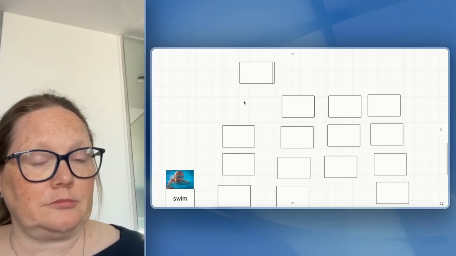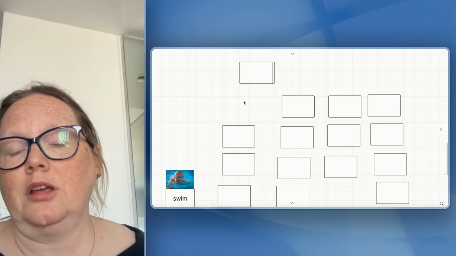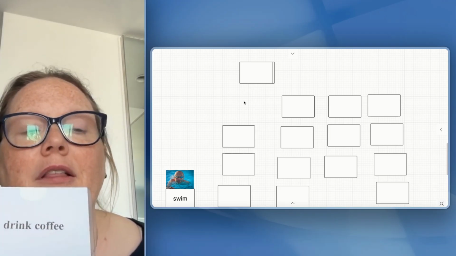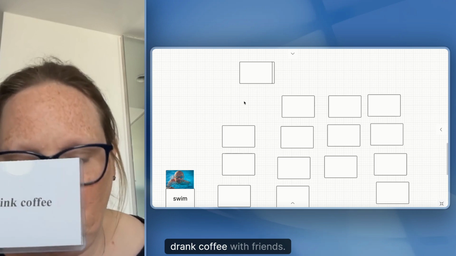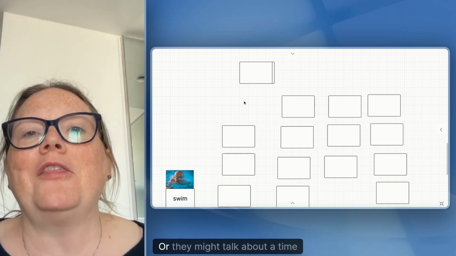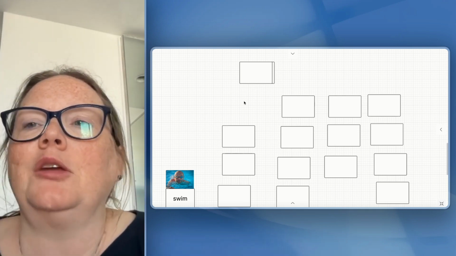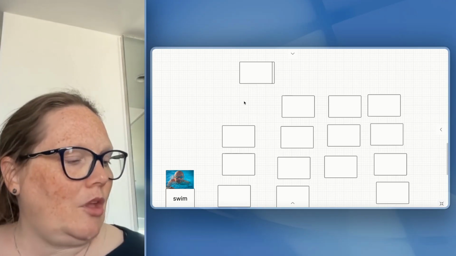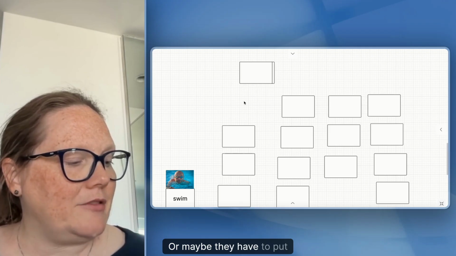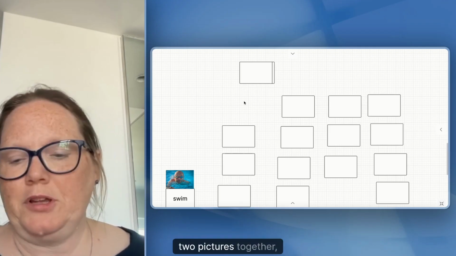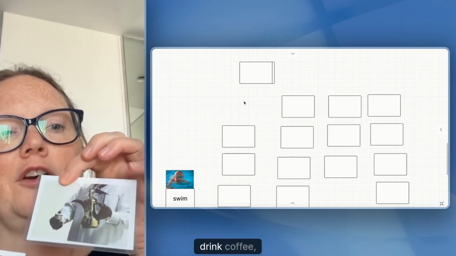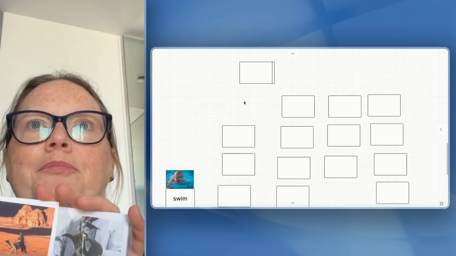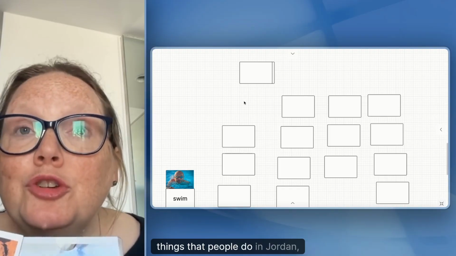Now, these cards, of course, can be used for different things. So I might have students just draw one and talk about a time they drank coffee with friends, or they might talk about a time they saw someone ride a camel, or maybe they have to put 2 pictures together, drink coffee and ride a camel, and they have to talk about things that people do in Jordan.